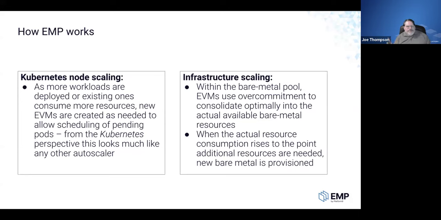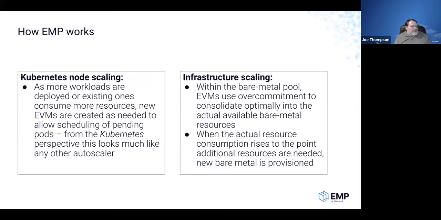But the trick is, underneath of that, in the bare metal pool, we are able to use overcommitment of these VMs. We can say, because we can see, oh, well, so much RAM was allocated to workloads running on this node, but 90% of it's unutilized. It's just sitting there idle.